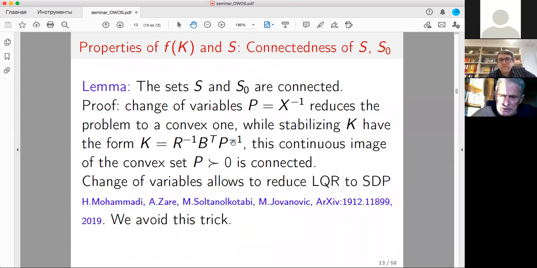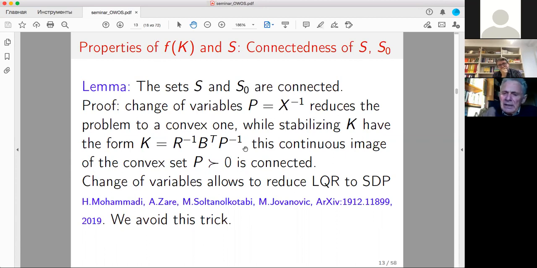And so let us prove what is possible about properties of our objective f of k and its domain S. First of all, it is a connected set. And the sublevel set, which I introduced, and the set S itself, this domain and sublevel set, are both connected.